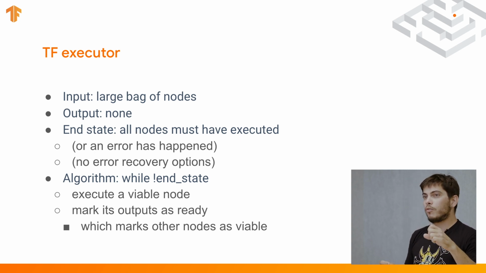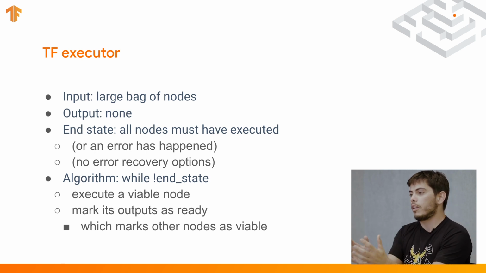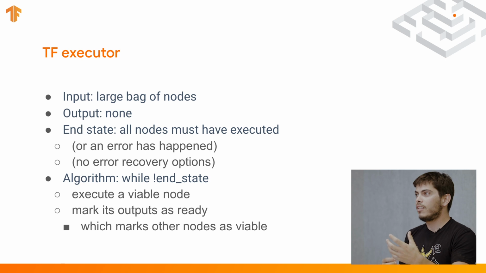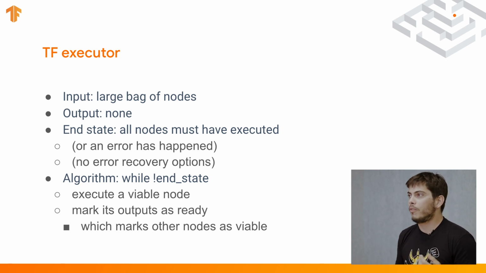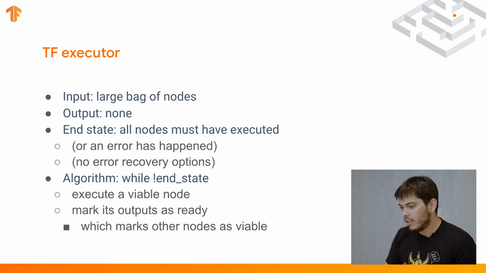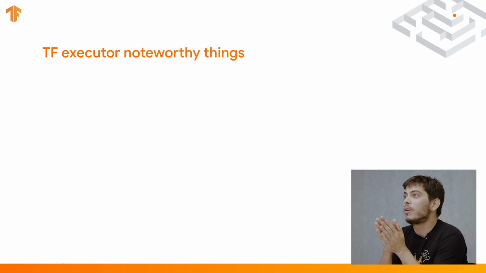In the executor itself, it's not a single thing. It runs on every thread that is executing an op as soon as that op finishes executing, and it dispatches all the execution to another thread pool. It's kind of surprising that this is happening because this means that TensorFlow cannot really be run on a single thread. But there are some interesting noteworthy things about the executor that you might have guessed from my comments so far, but require some thinking, I think.